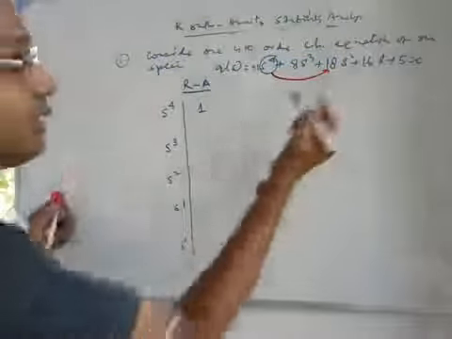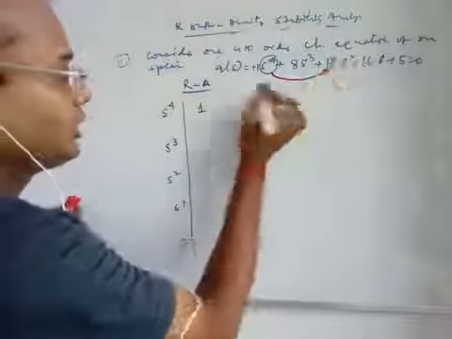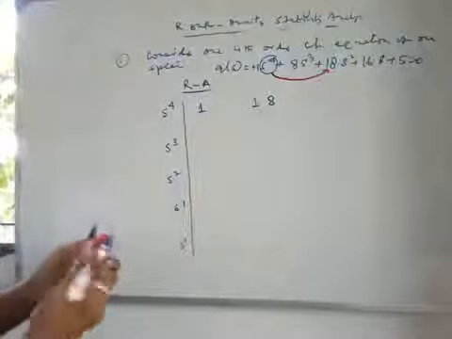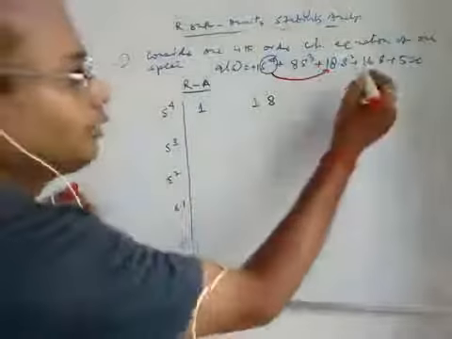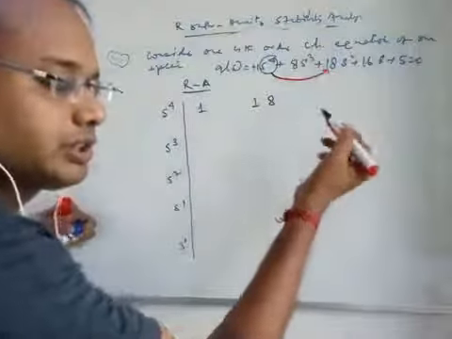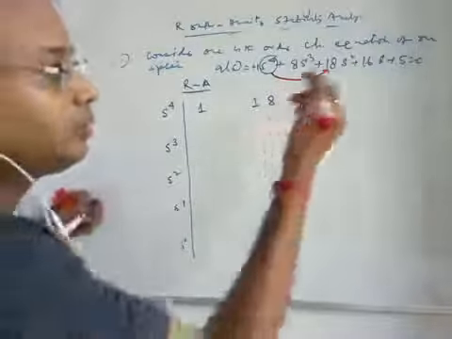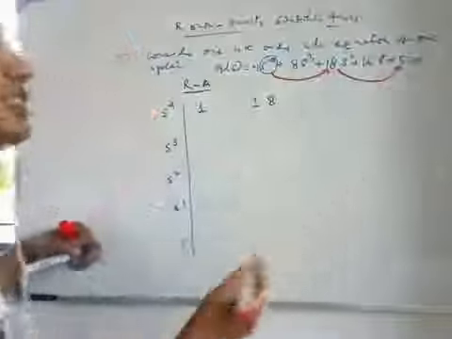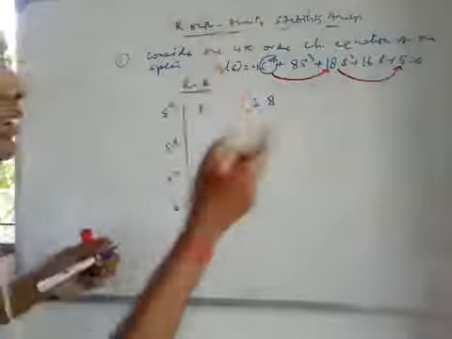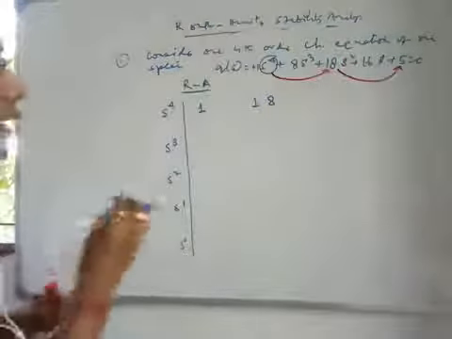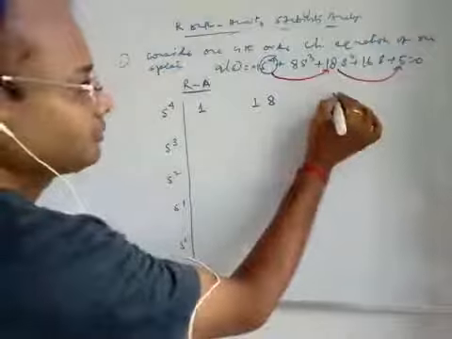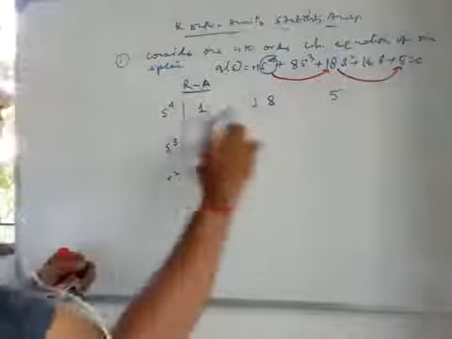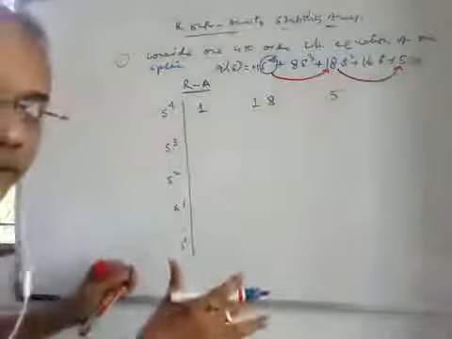That means the coefficient of s^2, that is 18. Right? Next, you again take one coefficient skipping one term in between. After s^2, you consider the s^0 term, so this value will be 5. Right? So this is the construction of the first row of the array.